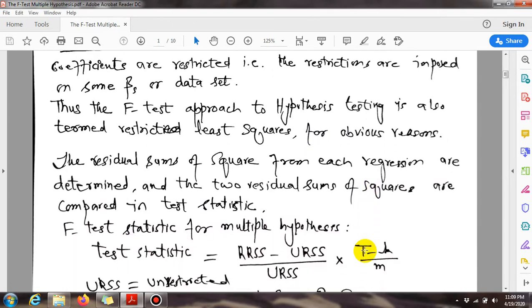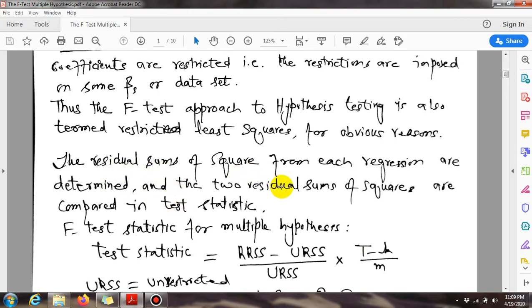For every type of regression, whether you are dealing with a simple regression or a multiple regression, our main aim is to minimize the residual sum of square.